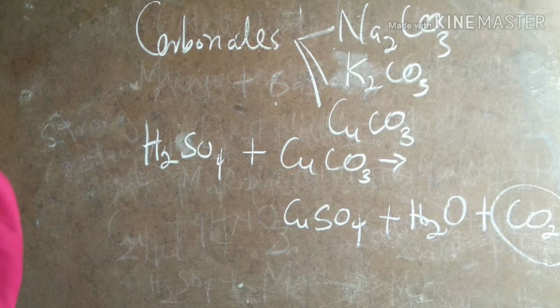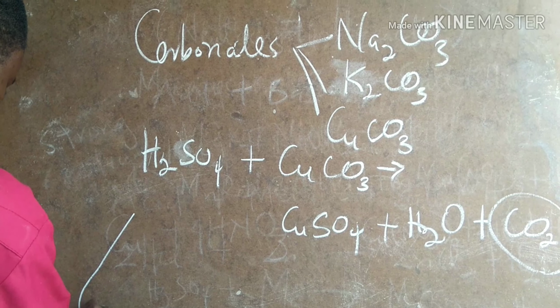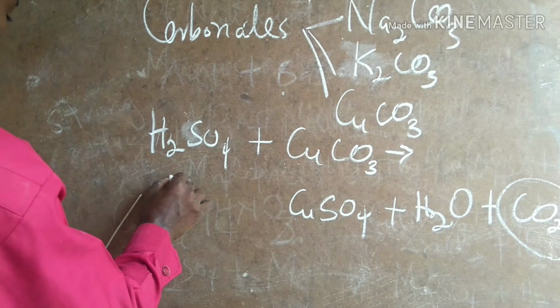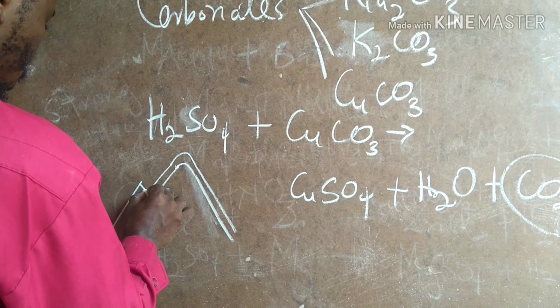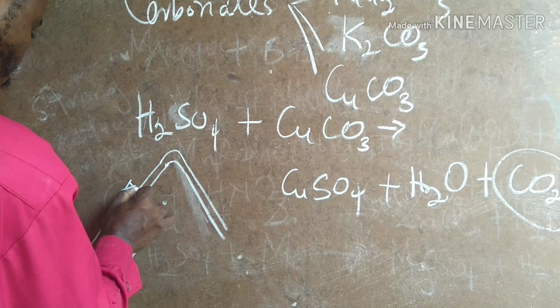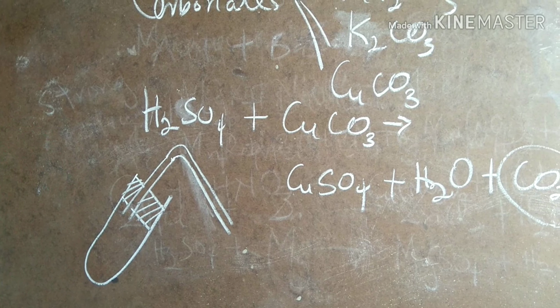So for instance, let us say this is my reaction tube. If I want to confirm which gas this is, I use my cork like this.